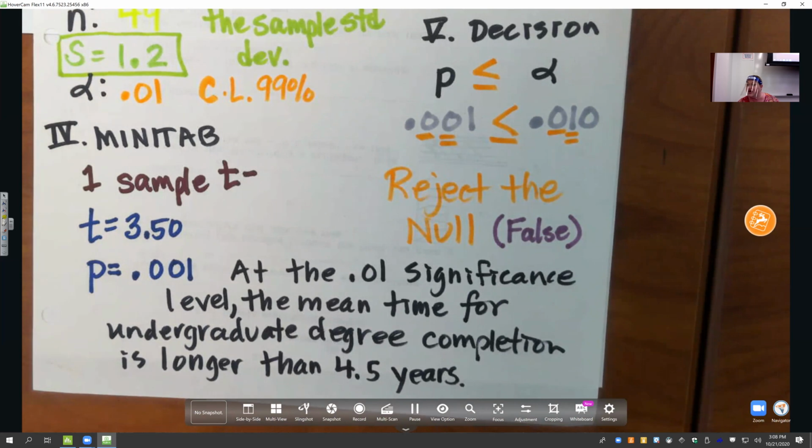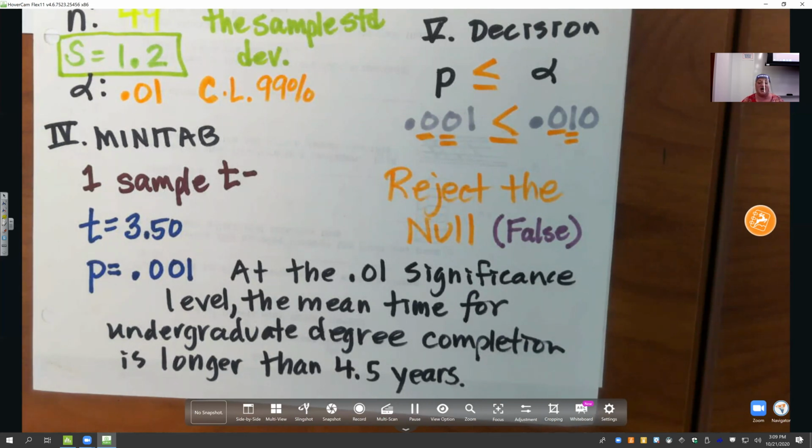So you may think, well, I'm writing it in terms of the alternative. I could have said the mean time is not longer than 4.5. That gets kind of weird. So I really still have stated it in terms of the null hypothesis. Again, we just had to change the verbiage a little bit.